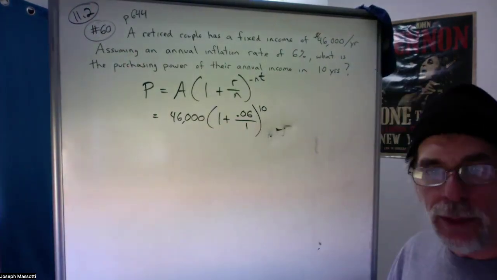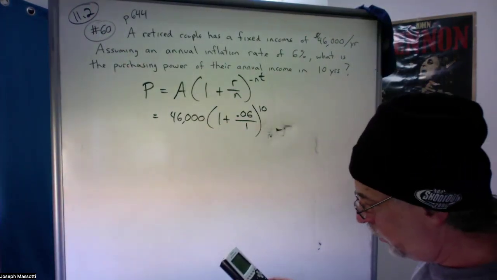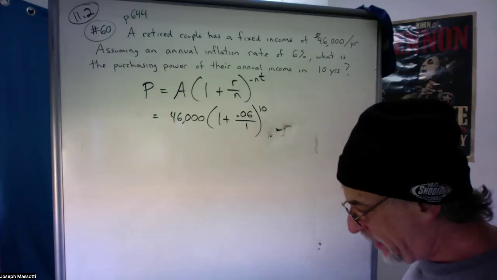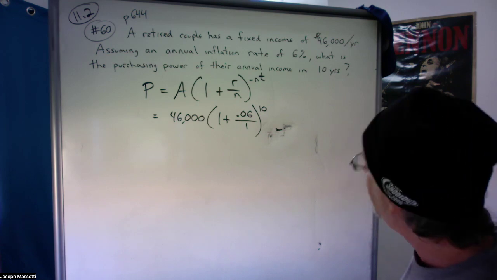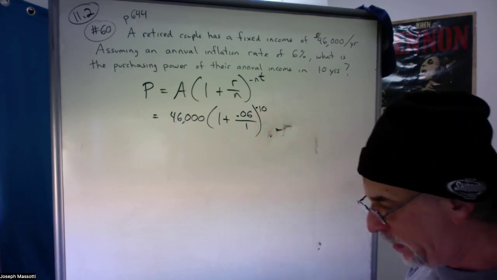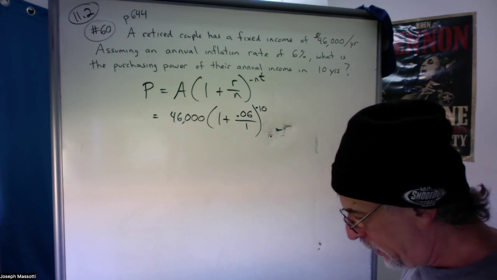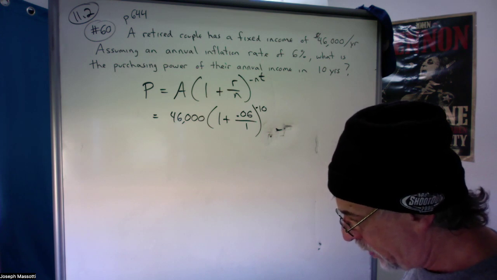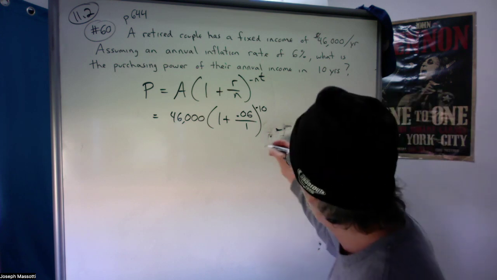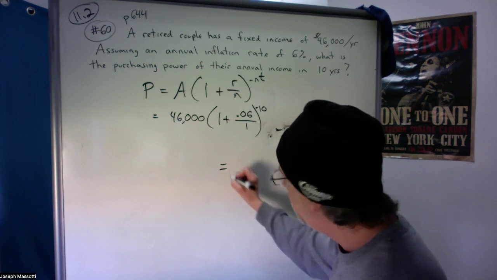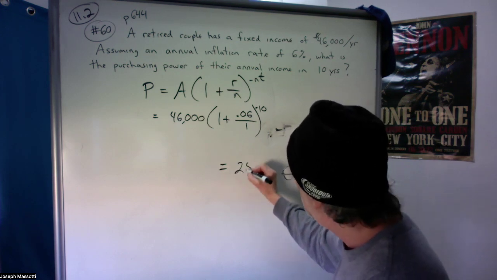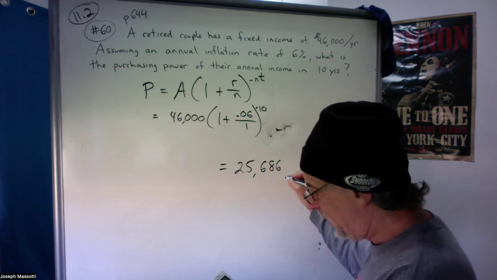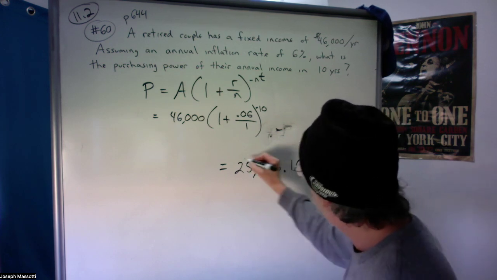So we calculate that number. 1.06 is the number inside the parentheses. We raise that to a power of negative 10, and we multiply that number by 46,000. And we get the purchasing power after 10 years of inflation of 25,686.16.